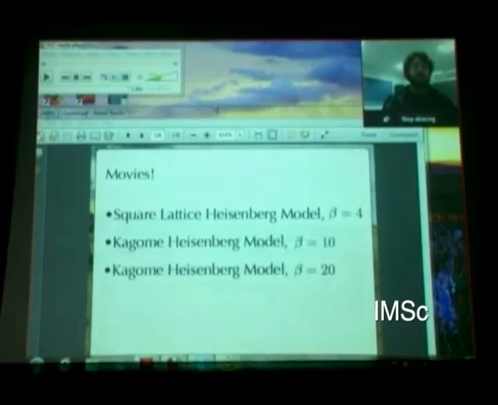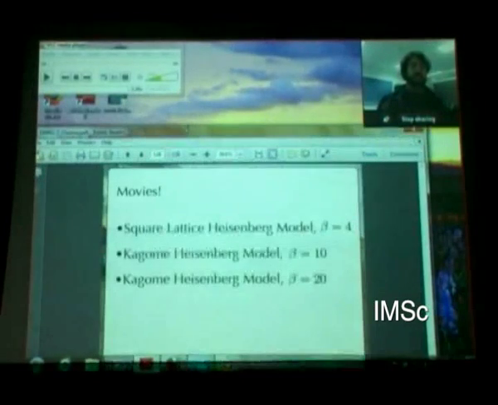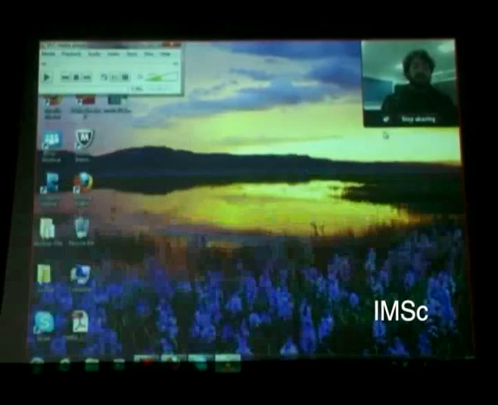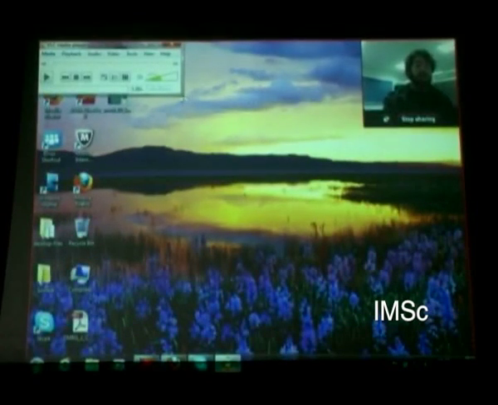I have a question. In the movie, you see spins which are moving. Are they the intermediate factored states? Good question. Those are actually the spin measurements themselves. The temperature is not yet so low that the magnetization has really started going to zero.